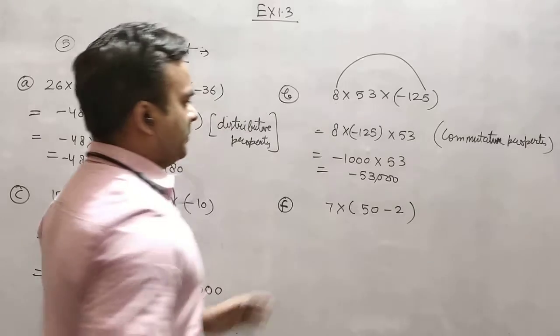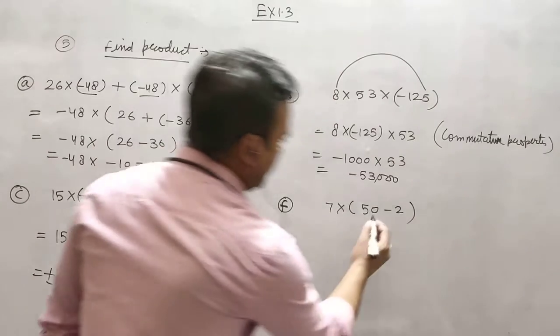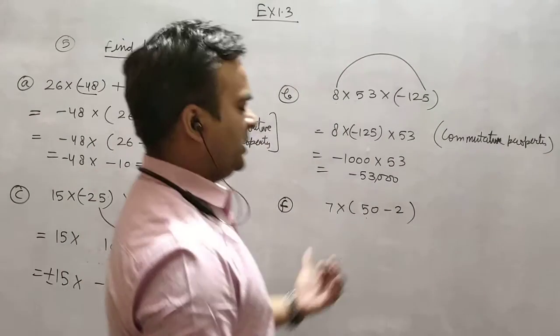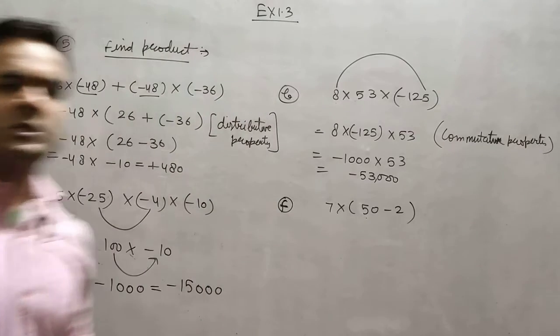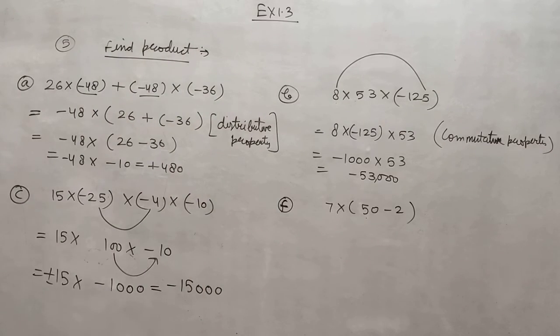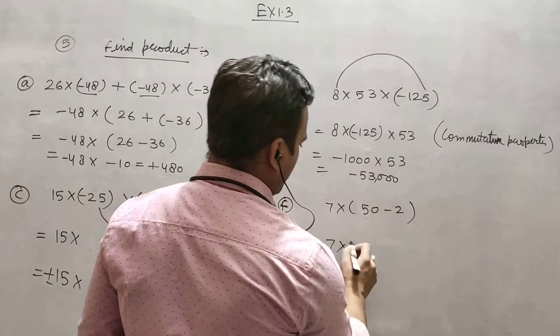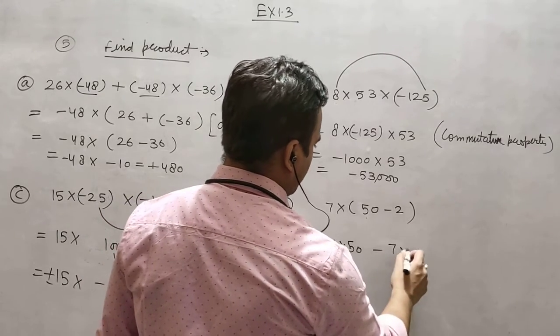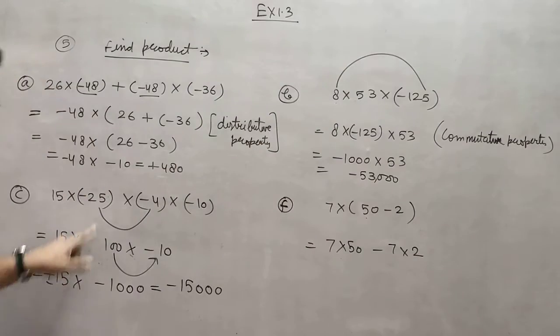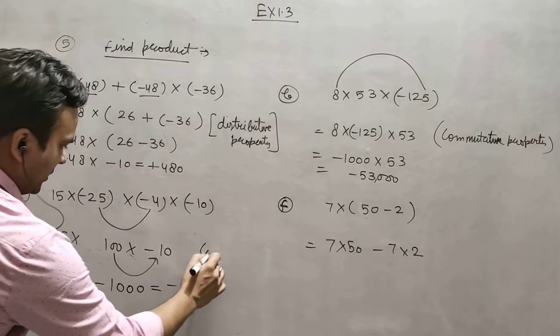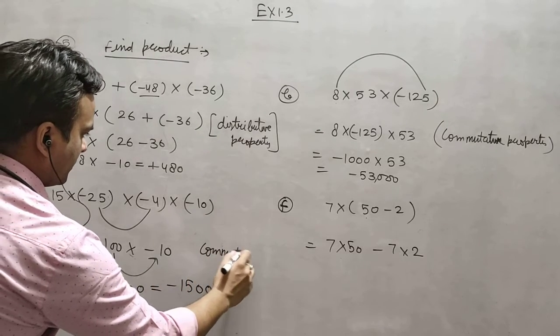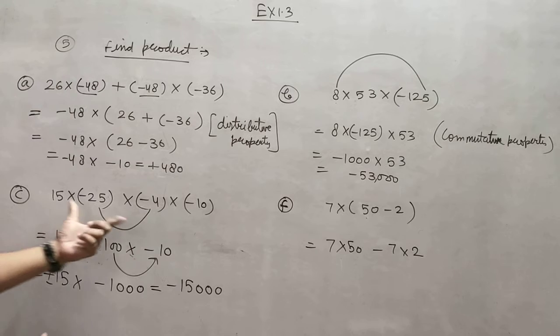Now you can see the F part. In the F part, if you subtract this first, this 48 will come and we have to multiply with this 7. It is the easy process. Or if we distribute this 7 with both of these, this is called distributive property. And here which property have we used? Commutative property. Sorry, not commutative, because we have grouping here.